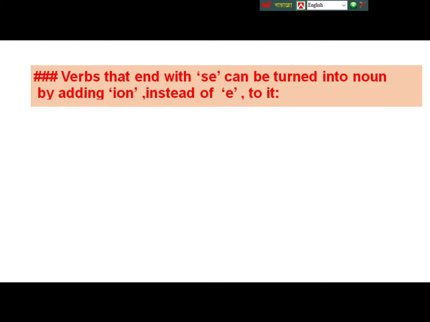Here is a structure: verbs that end with se can be turned into nouns by adding ion instead of e to it. Here are some words.